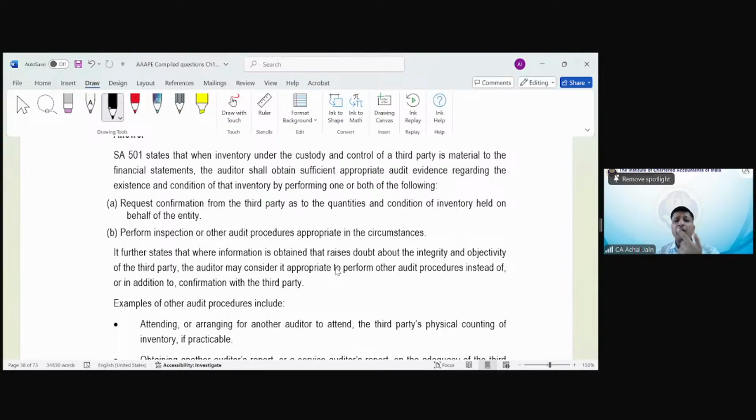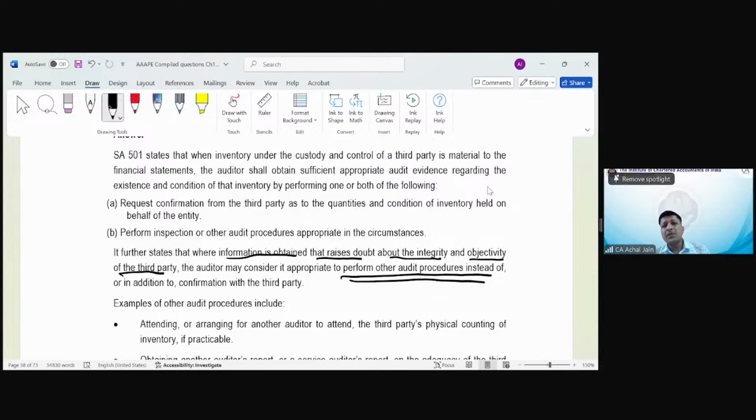Further, if you look at the auditing standard, it says where information is obtained that raises doubt about the integrity and objectivity of the third party, what should the auditor do? Auditor needs to perform other procedures instead of obtaining the confirmation.